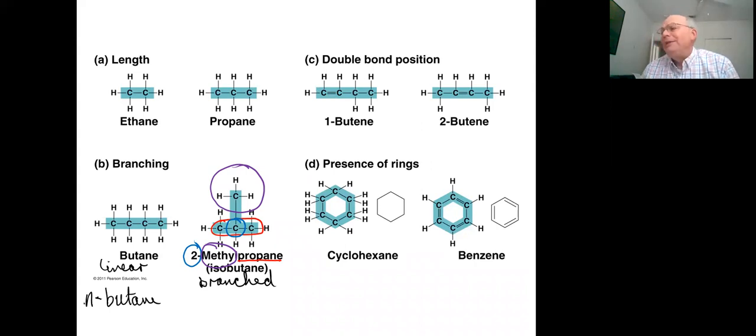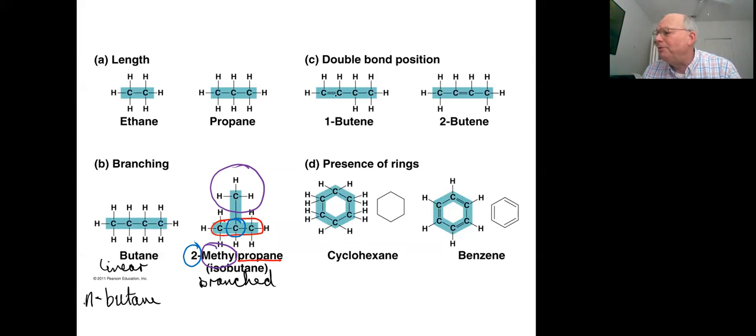Again, the naming conventions say we number the carbons in such a way that the unique feature is attached to the lowest carbon possible. So we could number the carbons in this molecule 1, 2, 3, 4, or we could go 1, 2, 3, 4. But remember, lowest numbered carbon possible.